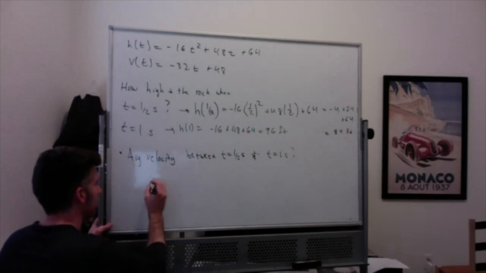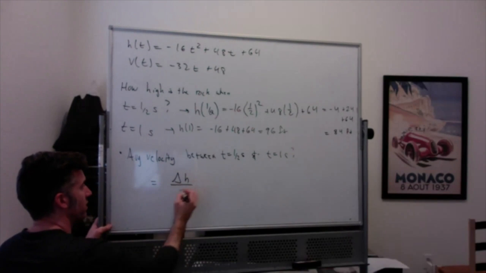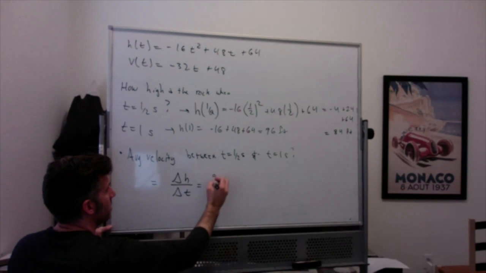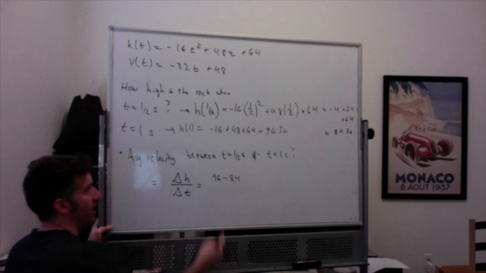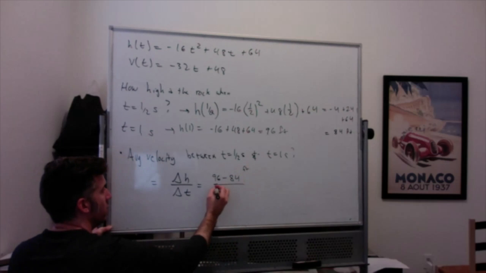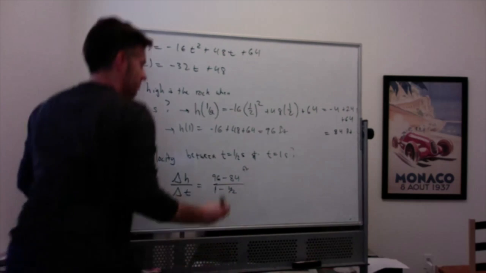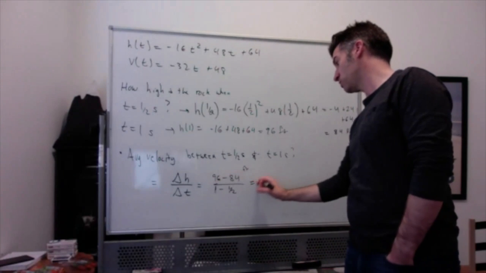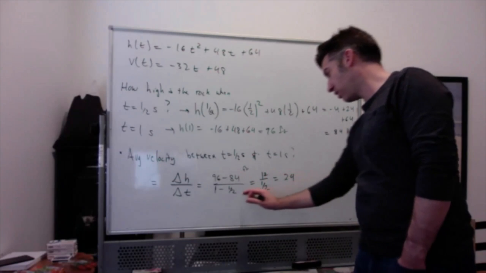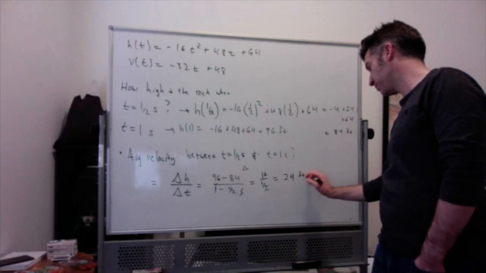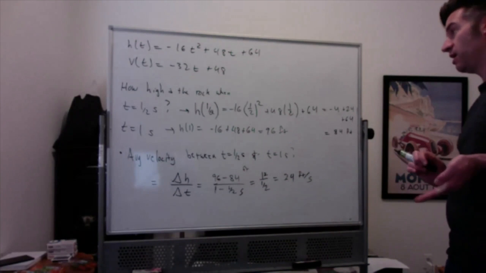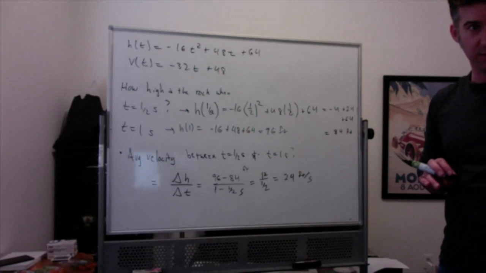So that's just the change in position over the change in time, which in this case is 96 minus 84, the height of 96 minus the height of 84 feet, over 1 second minus half a second. So 96 minus 84 is 12 over 1/2. That's going to be 24 feet per second. So between half a second and 1 second, it averaged a speed of 24 feet per second.